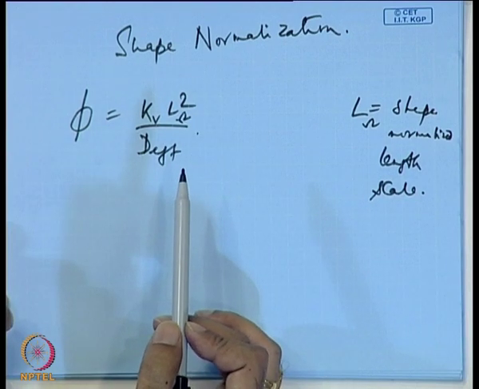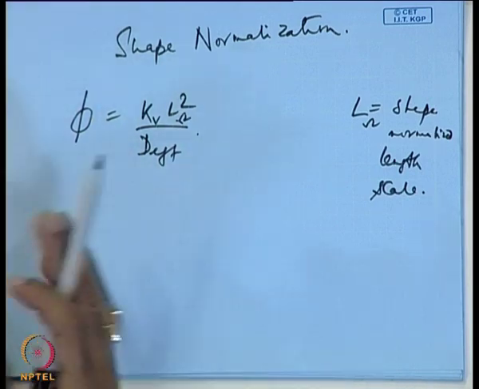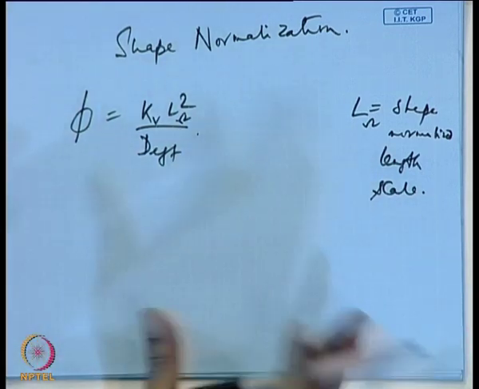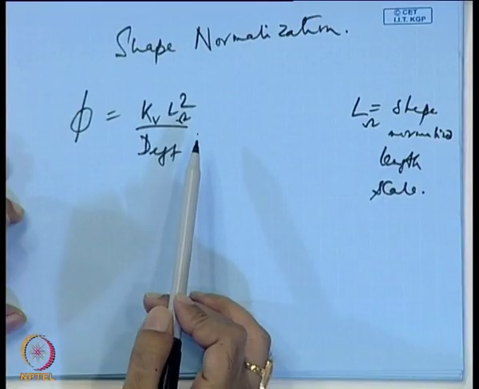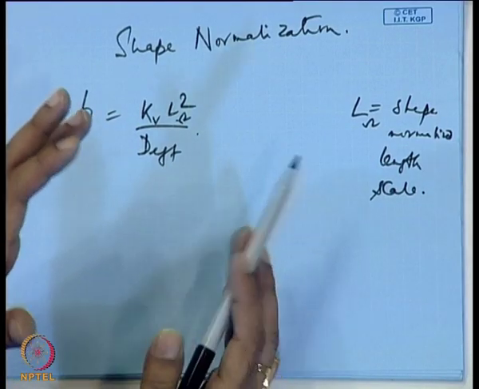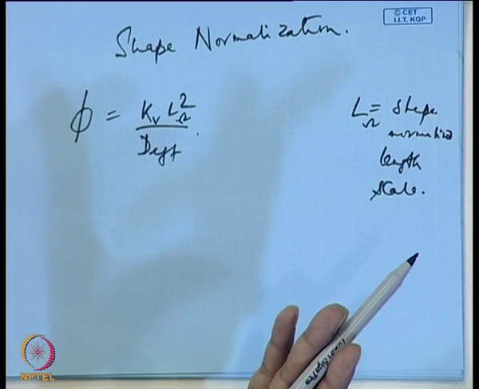For example, next class itself I will show you what it is, r over 2 and r over 3 for cylinder and sphere, and so you can come up with what the shape normalized length scale is. So, the idea is that irrespective of what form you have, you can transform it into a slab, right.